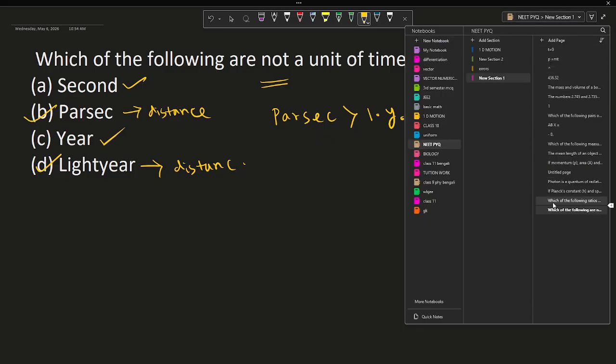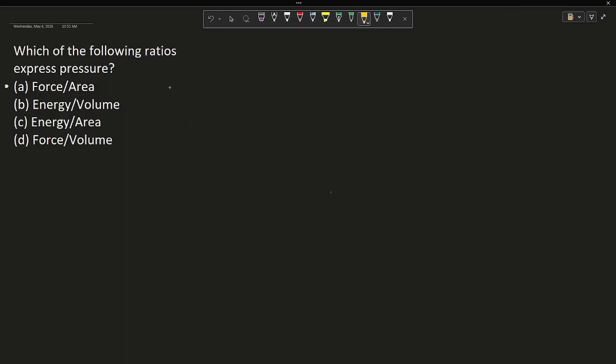Next one: which of the following ratios express pressure? Some questions may have multiple correct options, so you have to check all the options carefully. Here force by area means pressure, so obviously this one is pressure. Now you may check also by dimension, but here we will do it like this: pressure equals force by area.